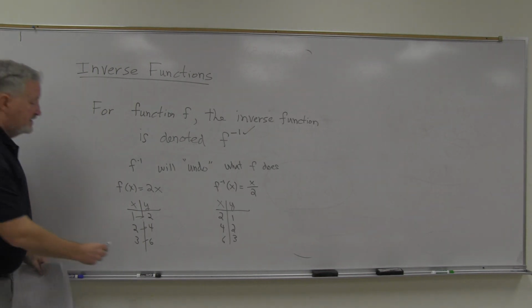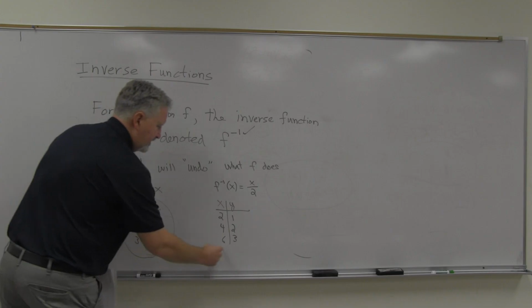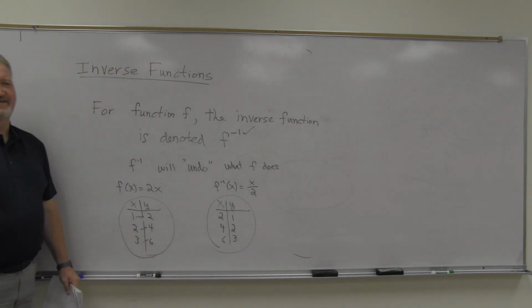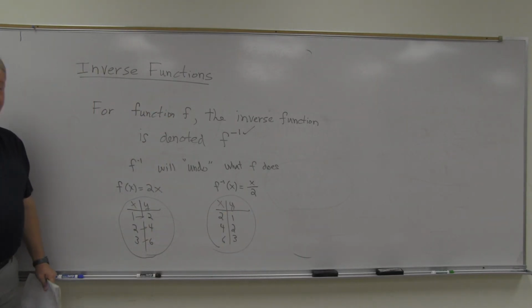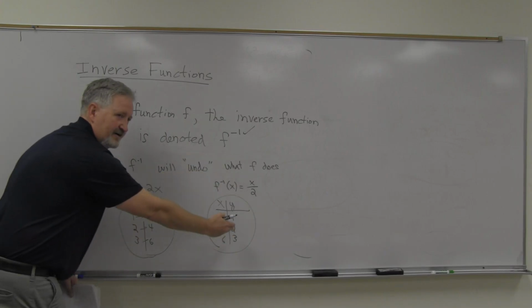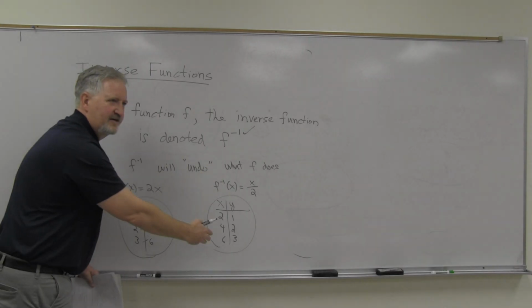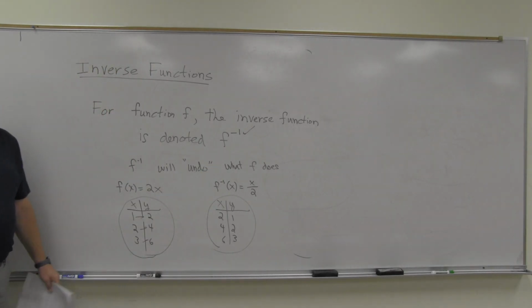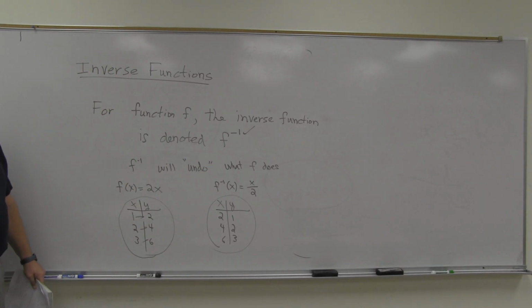So, one thing to note about this, what can you tell me about these tables? They're flipped, aren't they? The x's over here are the y's over here, and the y's over here are the x's over here. The tables have flipped. That's what inverses do, and we'll do a problem like that.